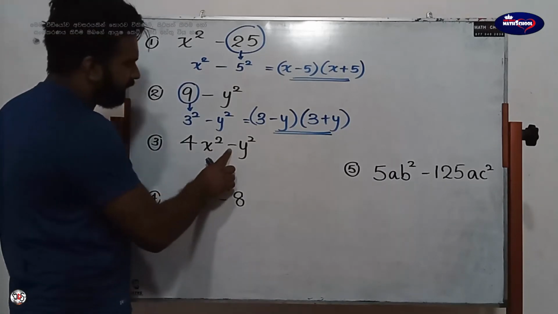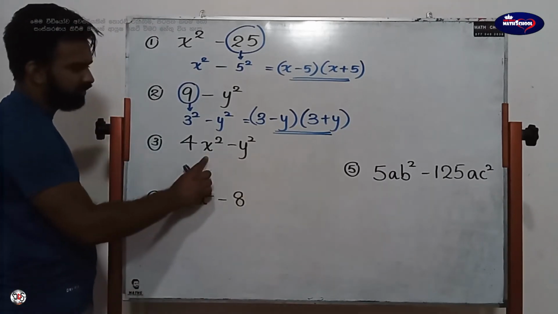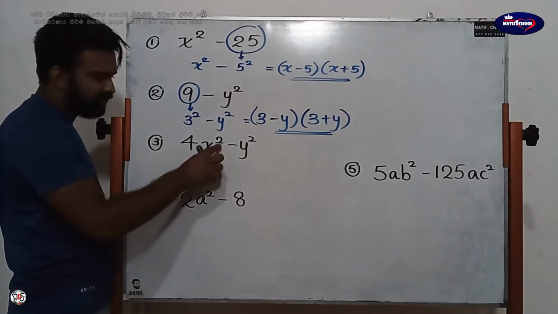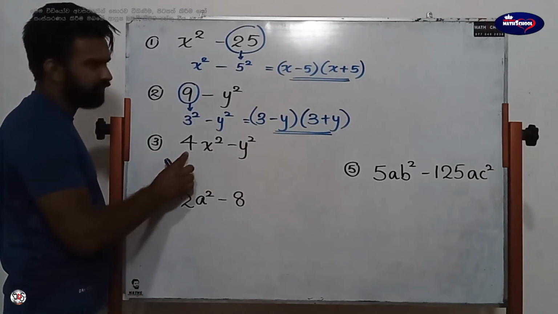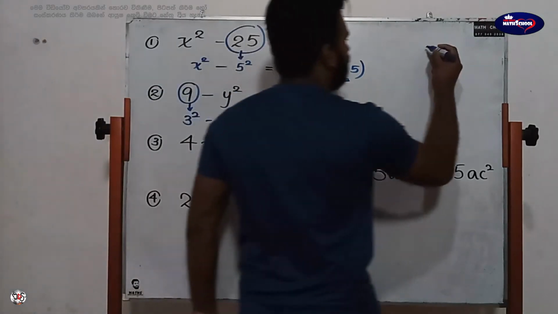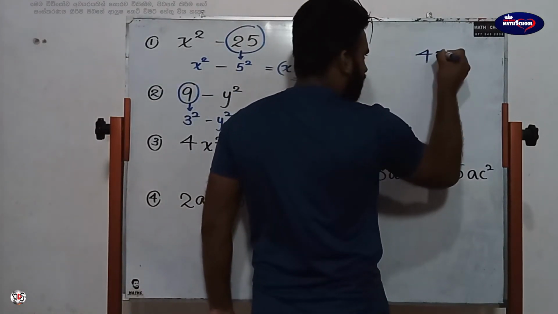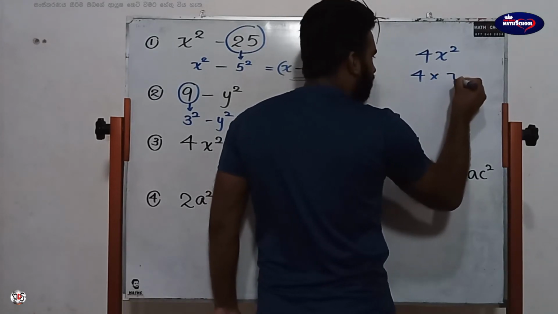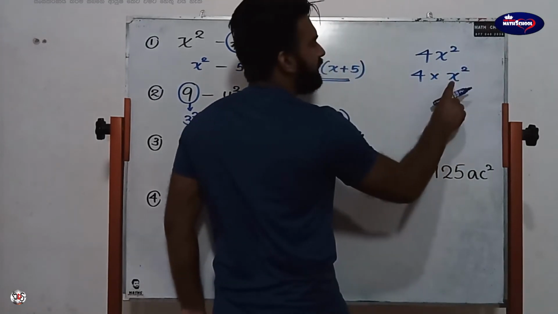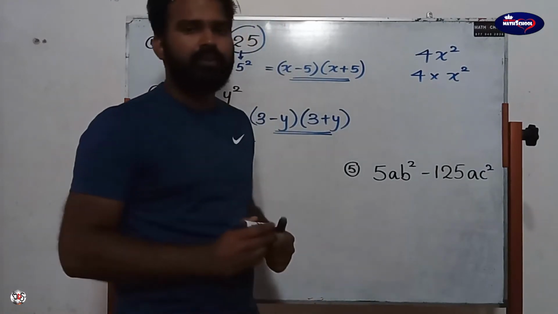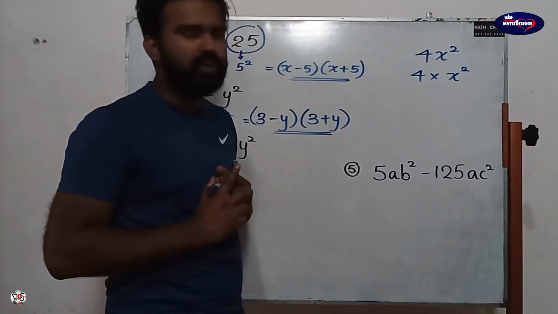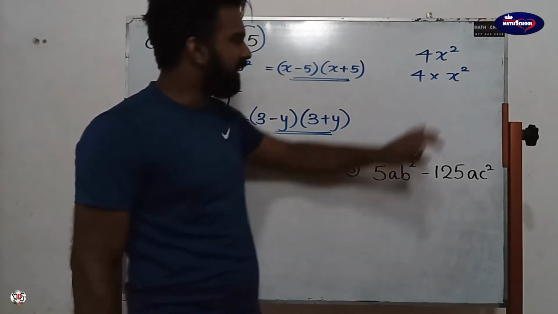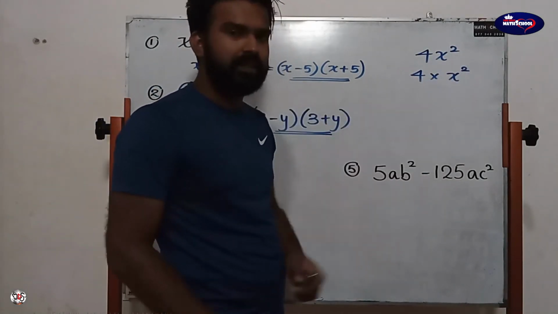In this case, two squares are there, but 4 is also there. Don't say that this square is related to this 4. Here you have 4x squared. 4x squared means 4 into x squared. That means x has the power of 2. The square is related only to x, not to 4. 4 is something else. We have multiplied this square number by 4, that's it.